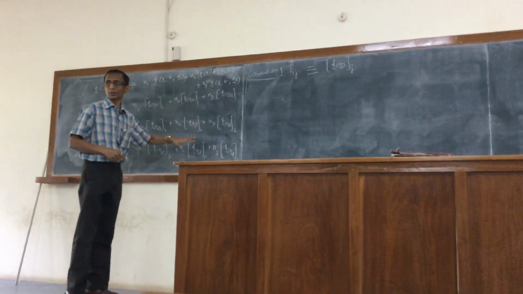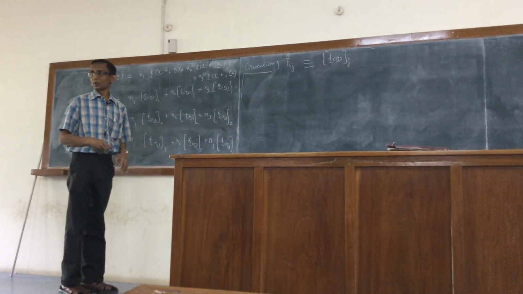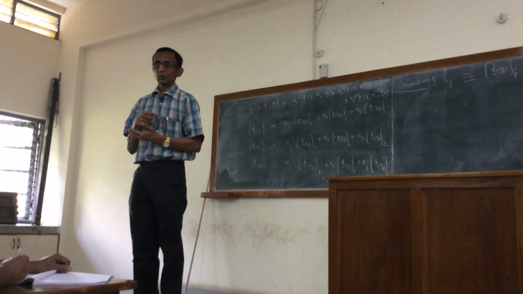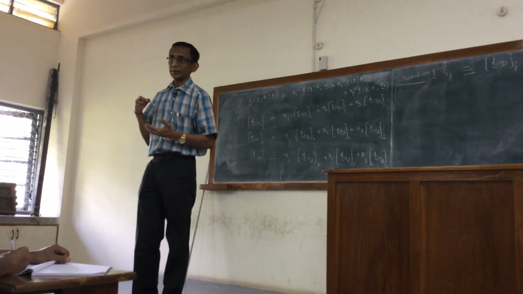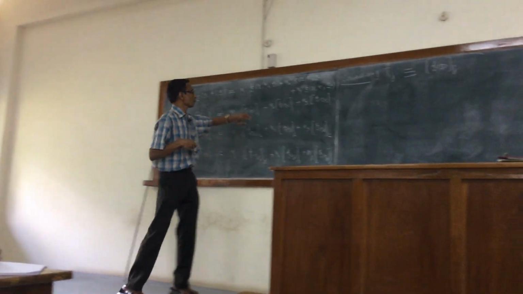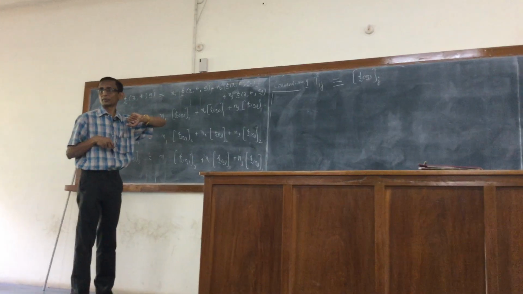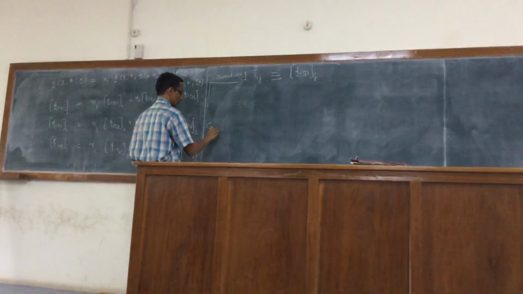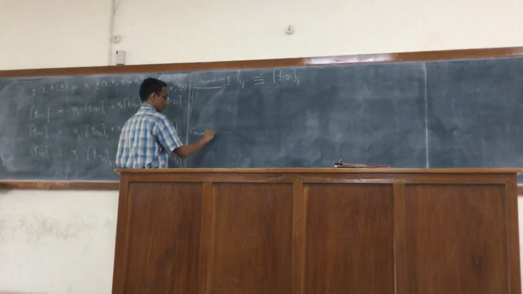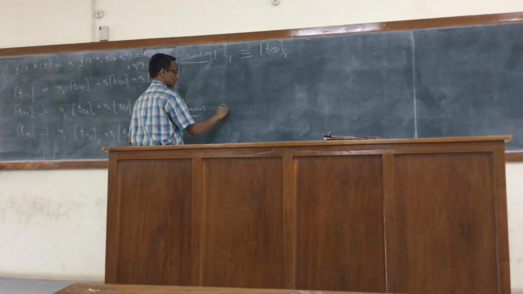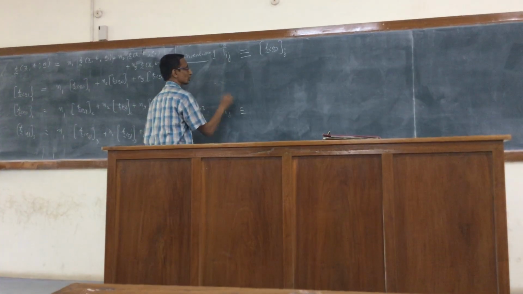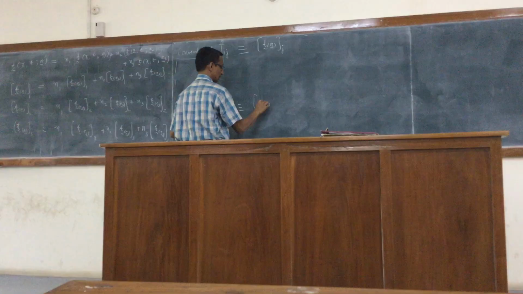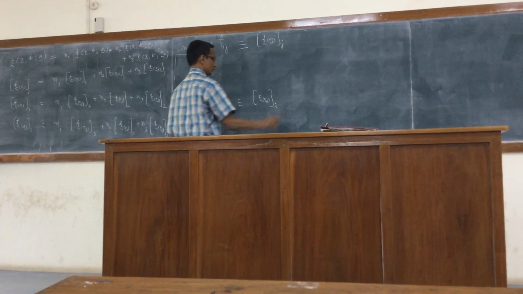I can arrange them in terms of 3 rows and 3 columns. So it's open to choice which one I choose as the row index and which one I choose as the column index. So I am choosing it this way, right? The convention 2 would be the other. Both are valid conventions. Most of the books use this. The way you write the final equation will differ slightly in form.